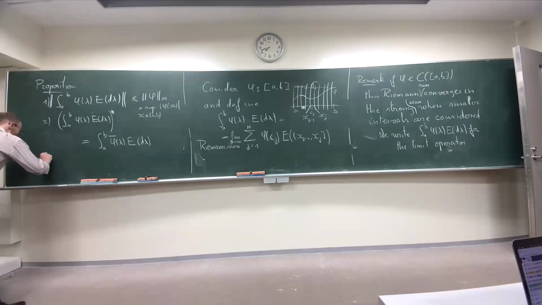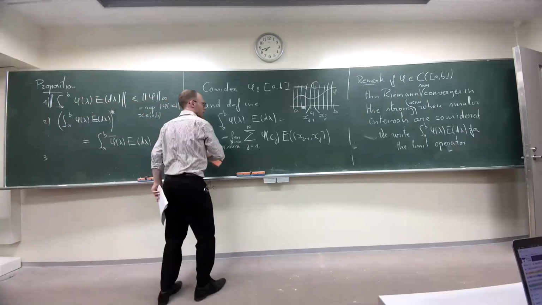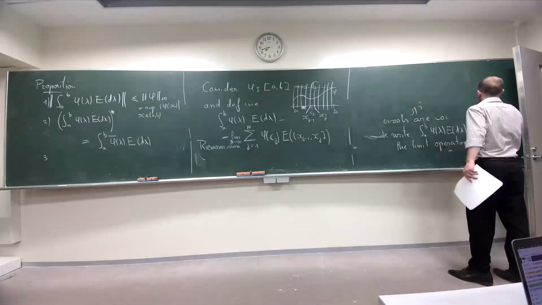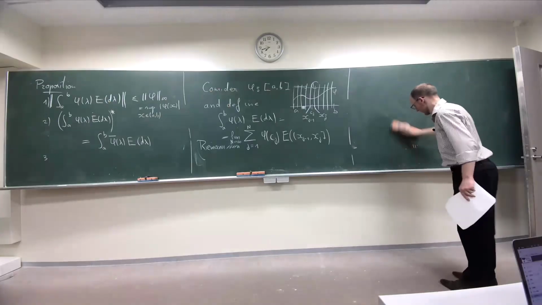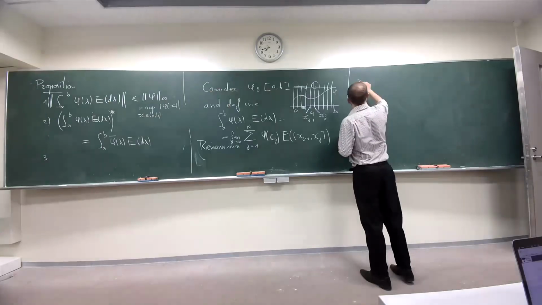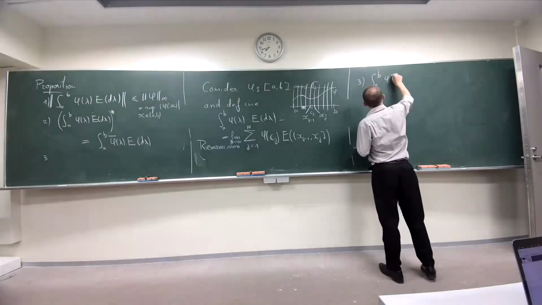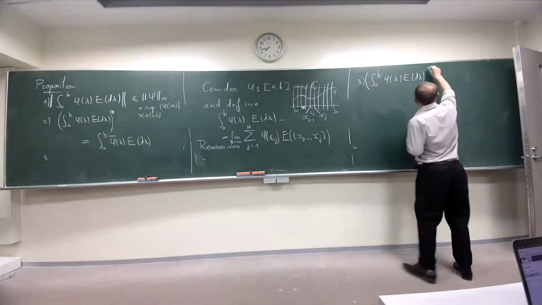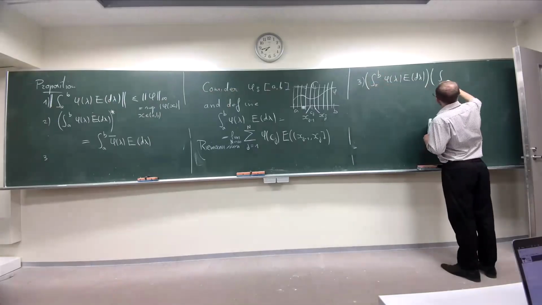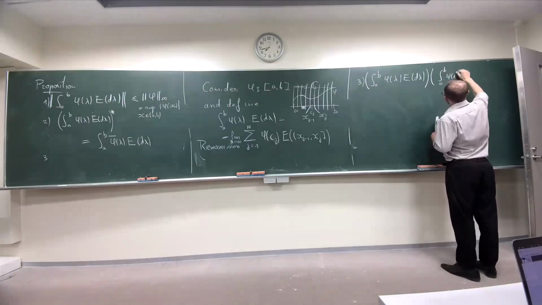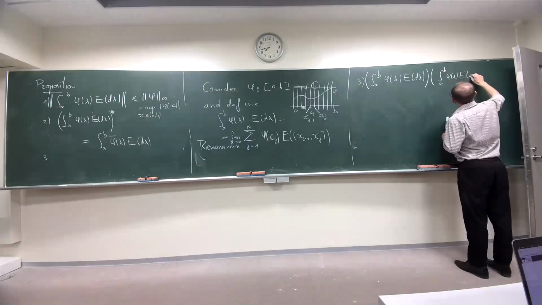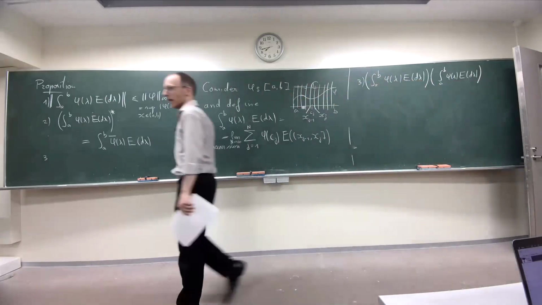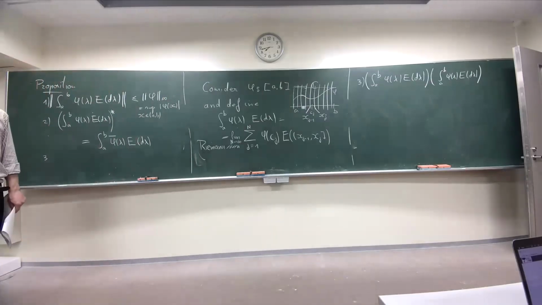One last property, which I need slightly more space for, which is a little bit counterintuitive, but it's correct. Let's see. Integral AB of phi of lambda, E d lambda, and I multiply by another one, integral AB of psi of lambda, E d lambda. So I take 2 operators of this type. Can you guess the product?